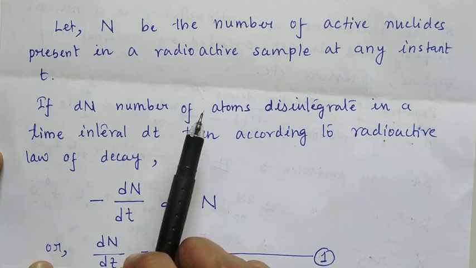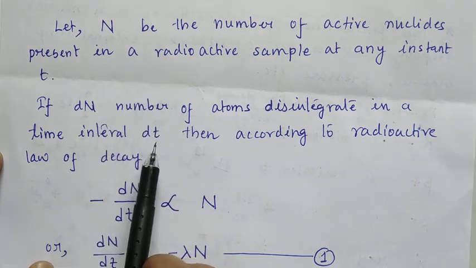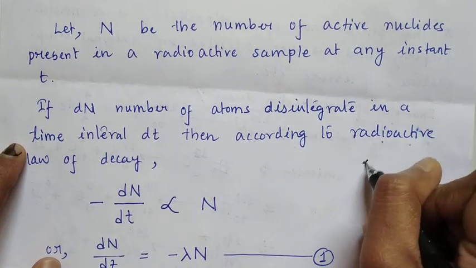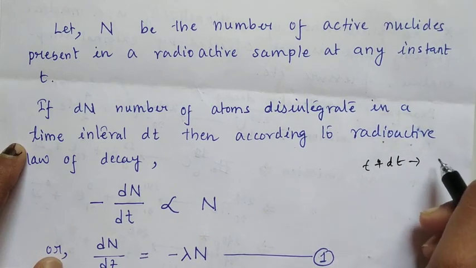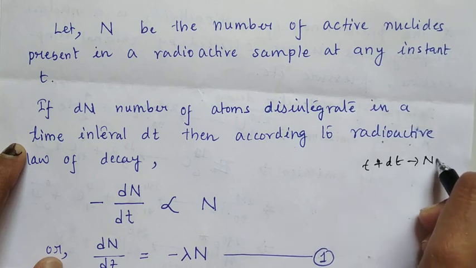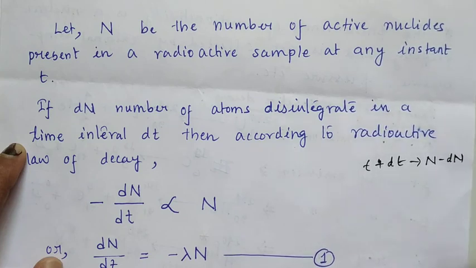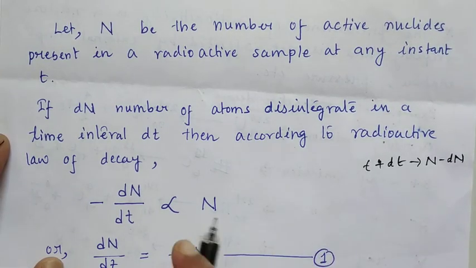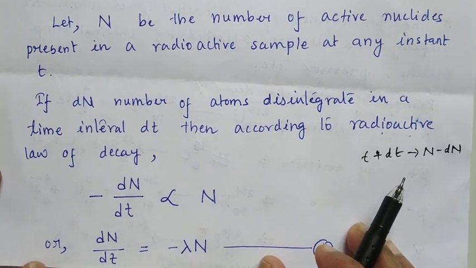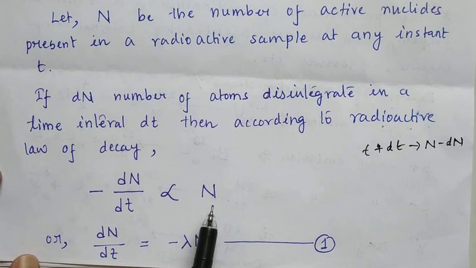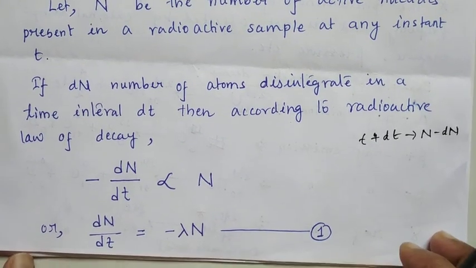After a small interval of time dt, that is at the instant of time t plus dt, dn number of atoms have decayed, so the number of atoms becomes n minus dn. At that instant, the rate of disintegration dn/dt is proportional to the number of undecayed atoms present in that sample, which is n.